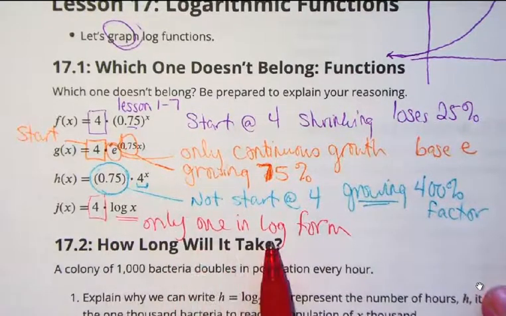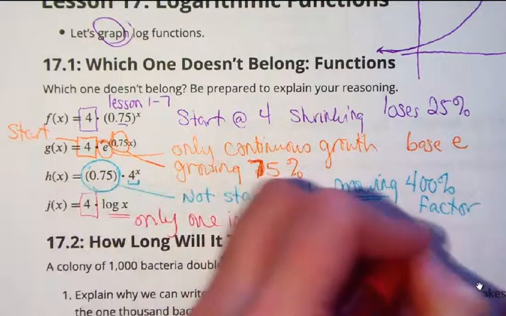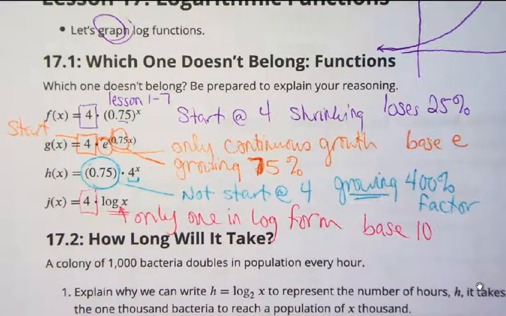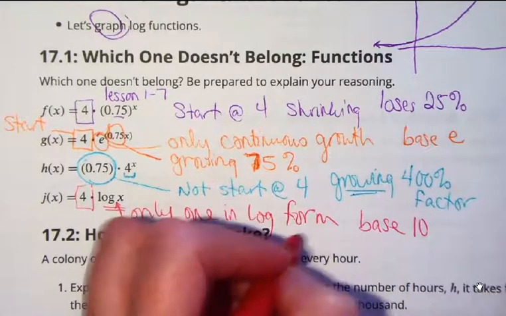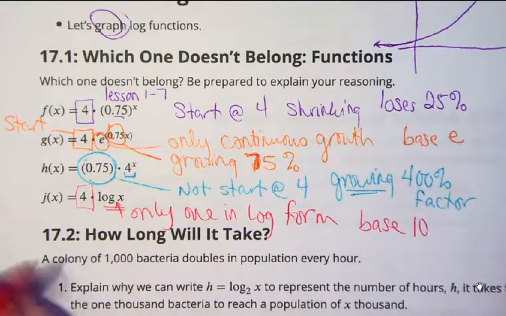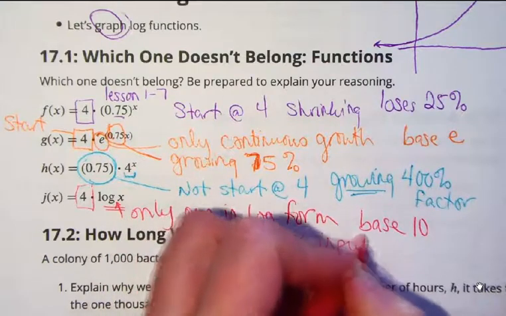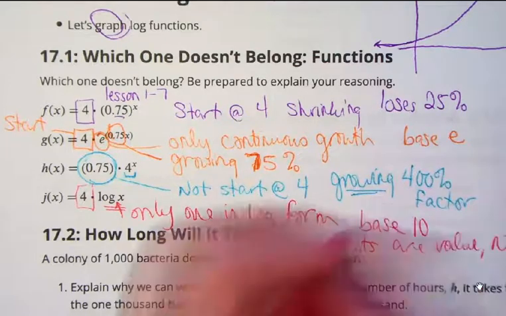So not only is it the only one that's in log form, but this is the only one that's in base 10, because remember there is no base in there. So this one would be a multiplier factor of 10. And so we're looking at a base 10, and it's the only one where we don't know the exponent, where x inputs are the value. Not an exponent.